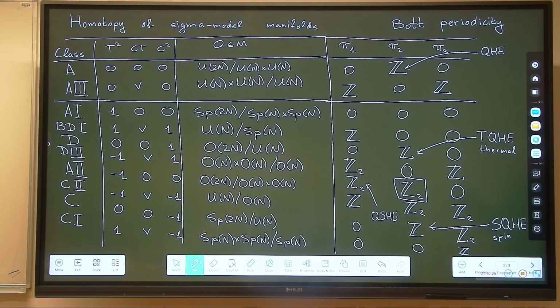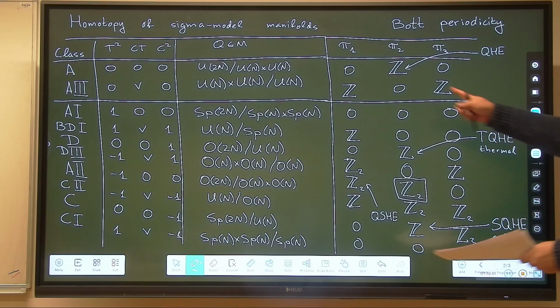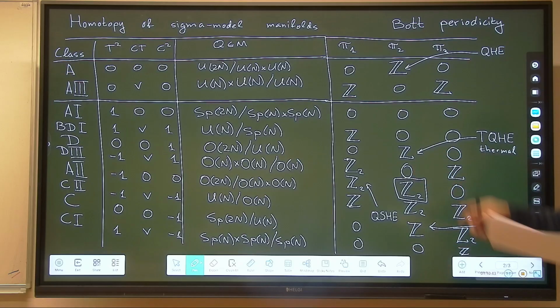Okay, any further questions to this table or just questions? So before you promised us there will be applications of homotopy groups. This is the application. I already showed you. This is all physical applications.